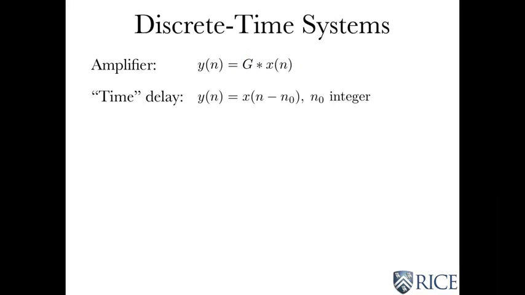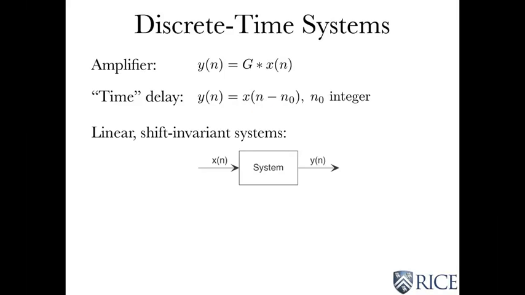And time delay is simply delaying, of course, only by an integer, because all discrete time signals are defined only at the integers. It makes no sense to delay by half, for example, because we must have an integer argument in all signals. And a delay is also easy to implement in a computer. No real difficulty there. Also, the definition of linear systems is basically the same as it was for analog systems.